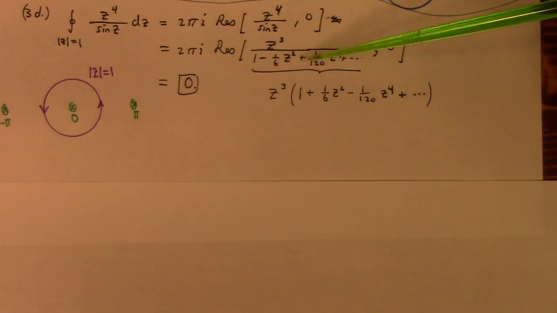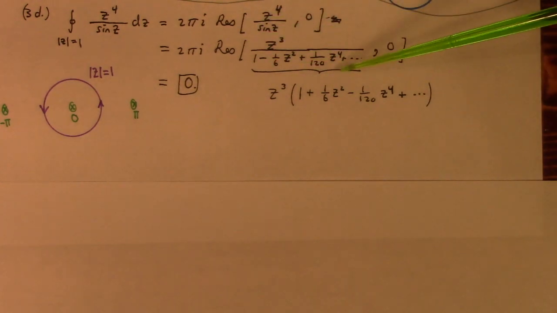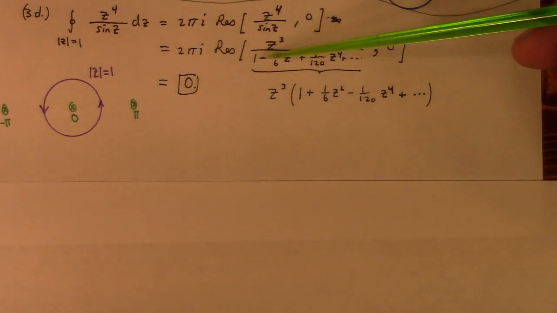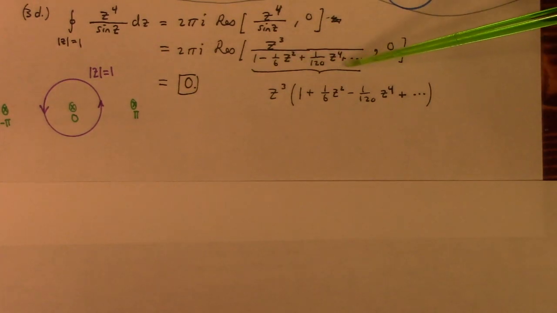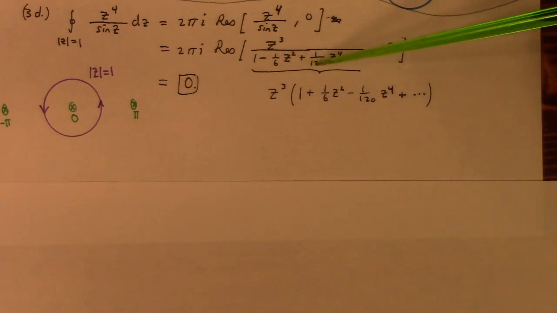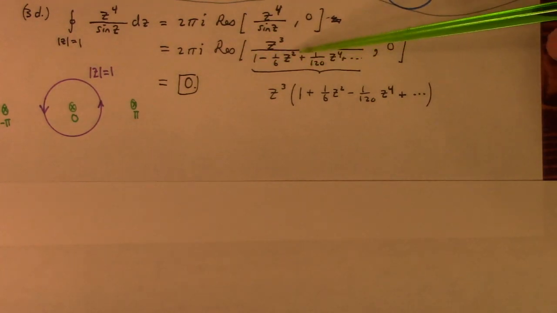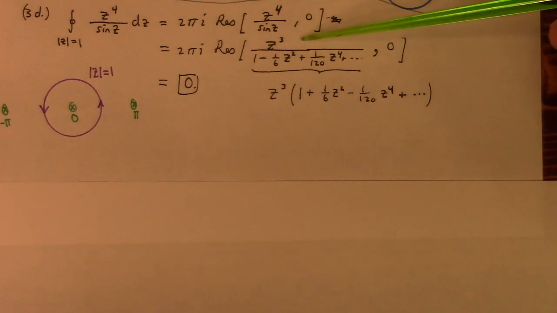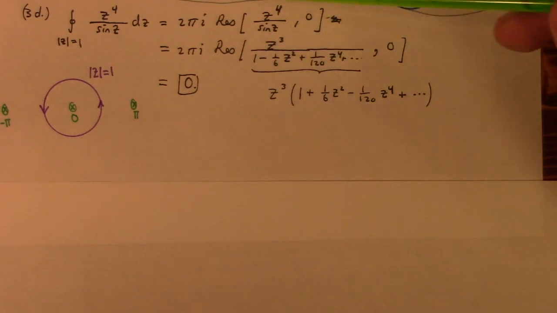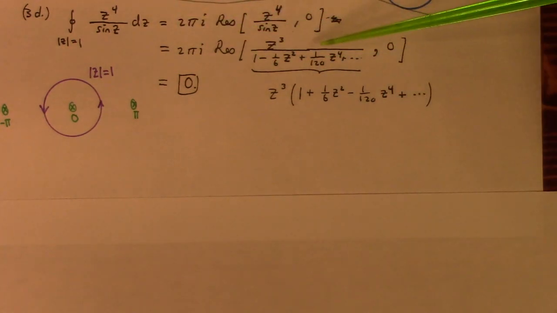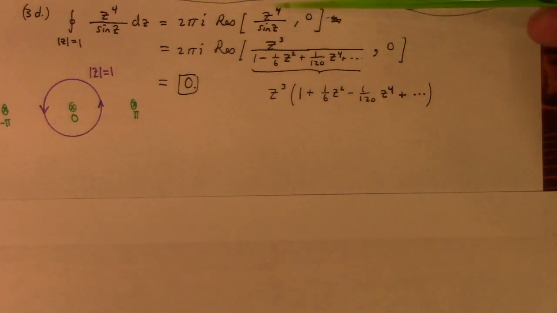What does this show? Since the denominator is holomorphic at 0 with value 1, you've got a function which is holomorphic with value 1 at 0 in the denominator, and my numerator is z cubed. Well, this expression shows you that we're actually looking at something which has a zero of order 3 at 0.